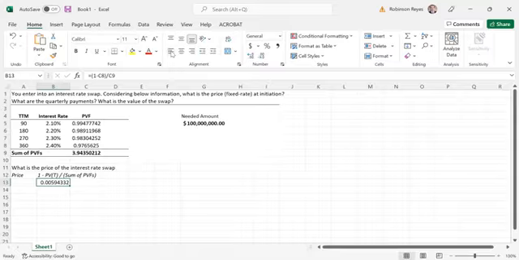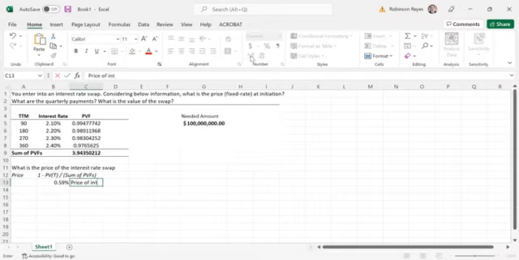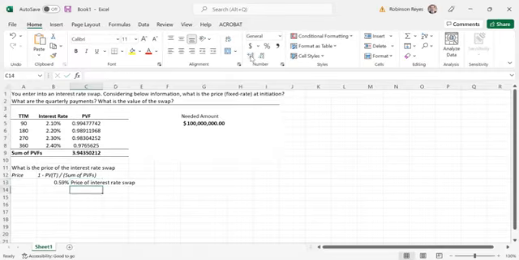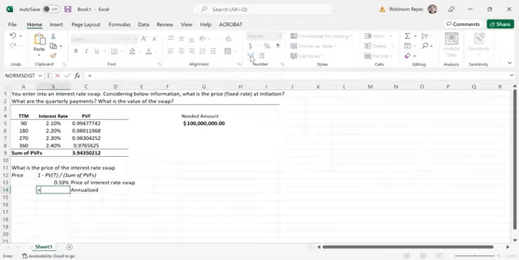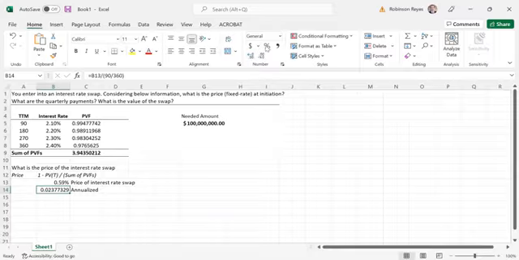Now if we change it to percentage, it's 0.59, and that is the price of the interest rate swap. One important thing, this is not yet an annual rate. Annualized, we would just divide by 90 divided by 360, because this is a quarterly rate, and we would have this annualized rate, which is 2.38, right?